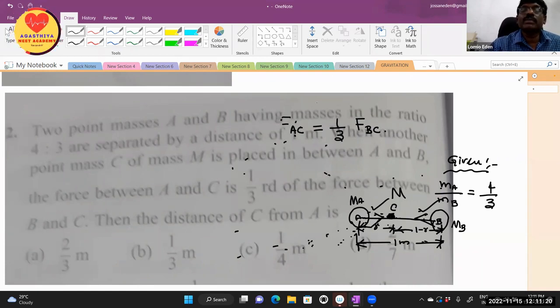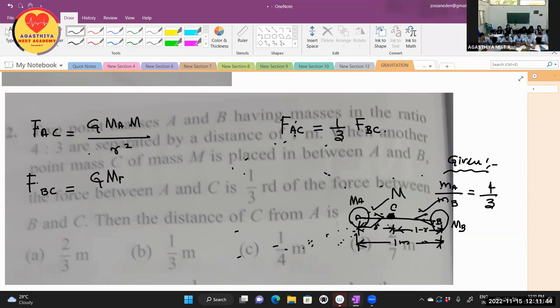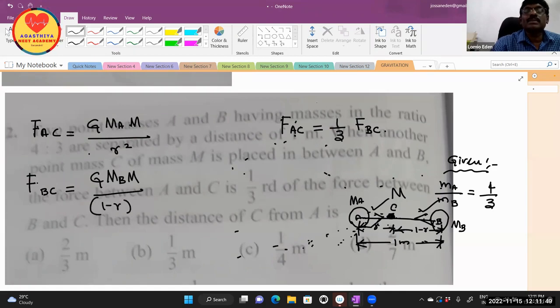Now let us find out the first value. F_AC, the force between A and C, is G M_A M divided by R squared. F_BC is G M_B M divided by (1 minus R) whole squared.